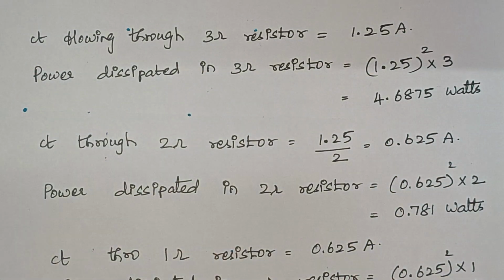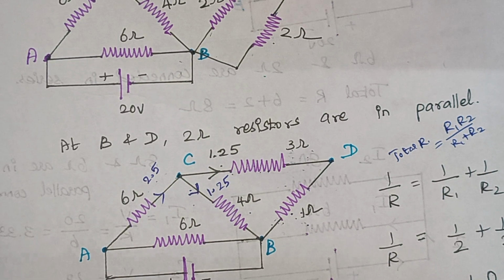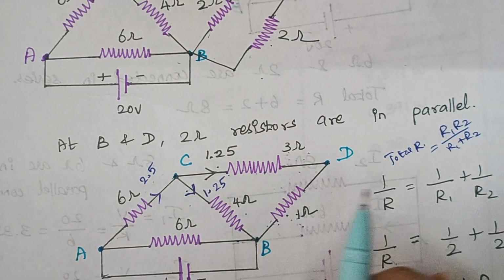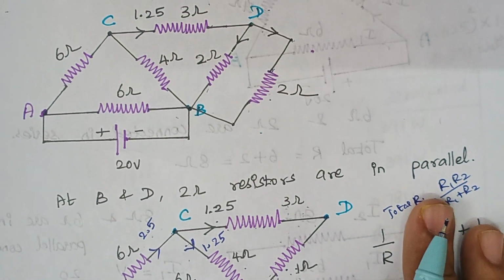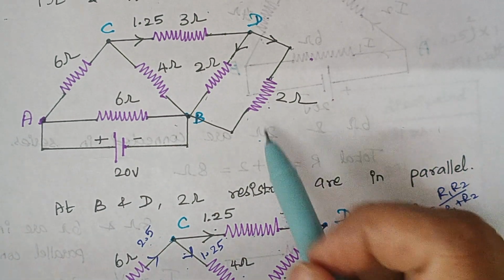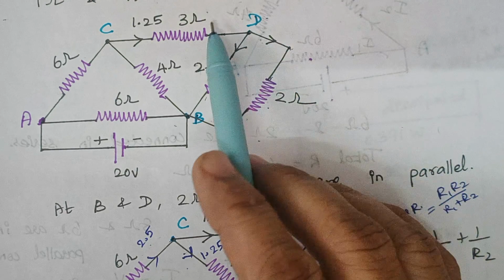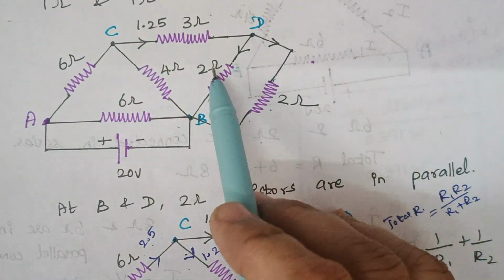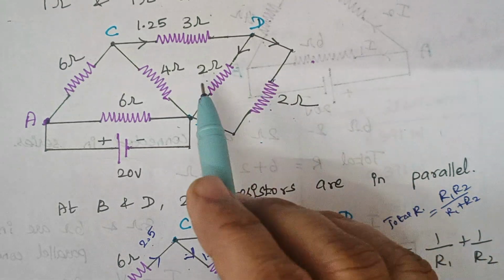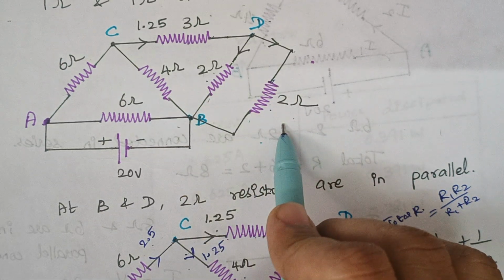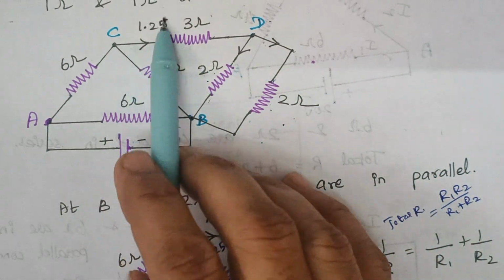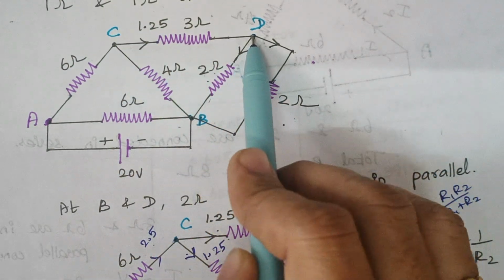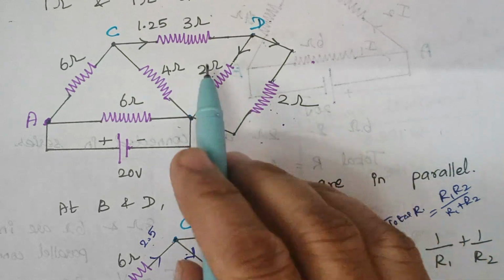Again look back at the diagram. The current flowing through this 3 ohm resistor is 1.25. So now when you proceed gradually upwards, you see here, at this junction D, we have a combination of two 2 ohm resistors. Therefore, what happens here? This current 1.25 reaches this point D, and again here the values of the resistors are the same.